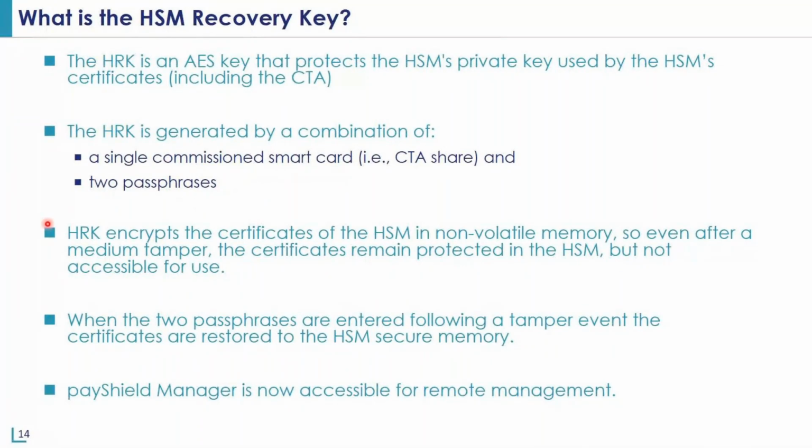When you provide these passphrases, your HRK, the HSM recovery key, is recreated. This AES key protects the HSM's private key used by the HSM certificates. We all know for signing certificates there is a public and a private key, and to protect that key you have an HRK key.